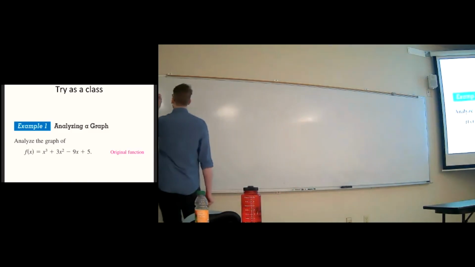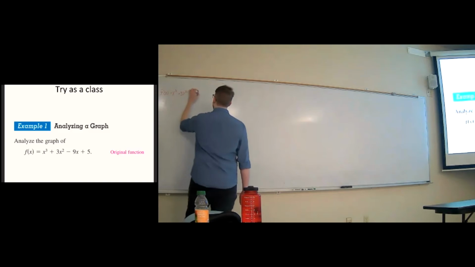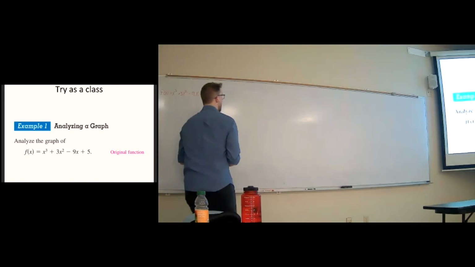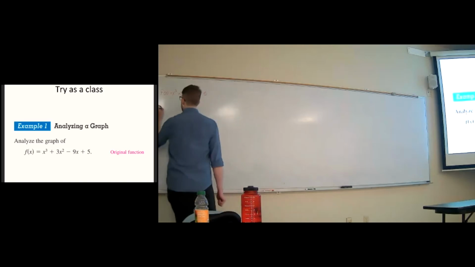Our function, f of x, is equal to x cubed plus 3x squared minus 9x plus 5. So the derivative of this thing, well, it's just going to be f prime of x is equal to 3x squared plus 6x plus 9.